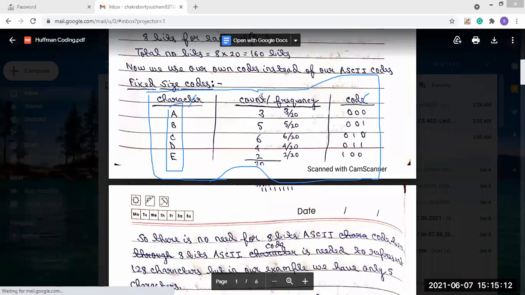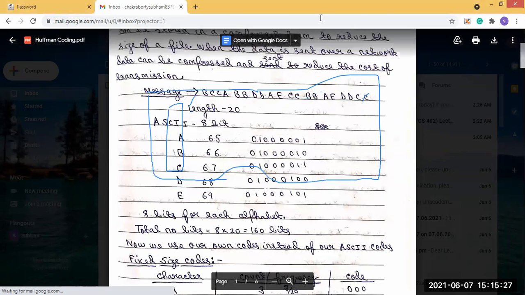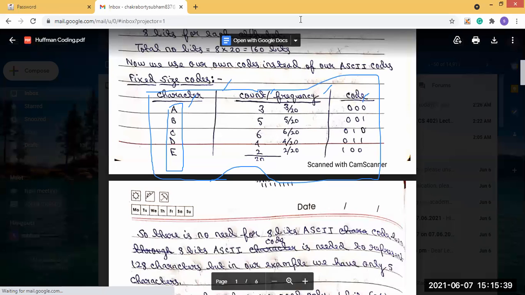Now in the count column, we will check how many times each particular character has appeared in the message. The number of times A appeared in the message: 1, 2, 3. So the count will be 3.